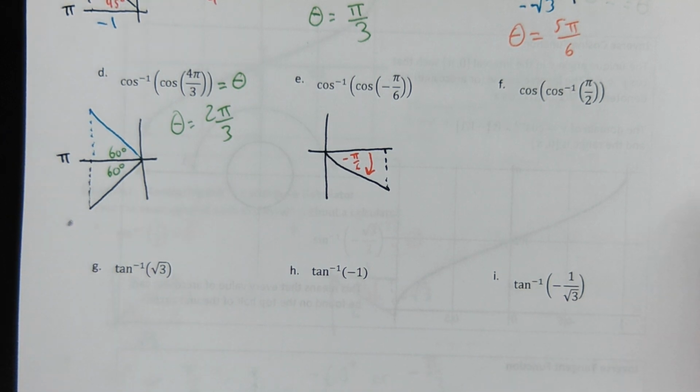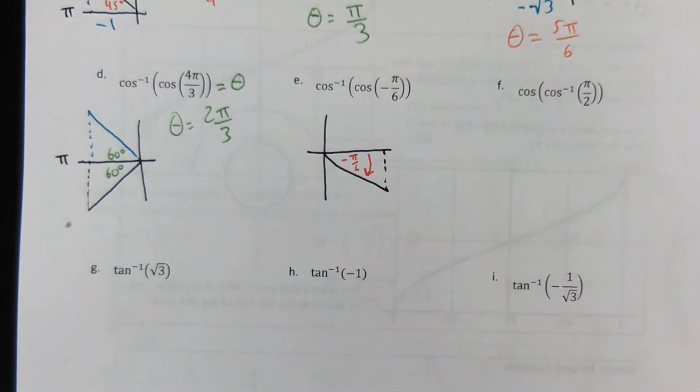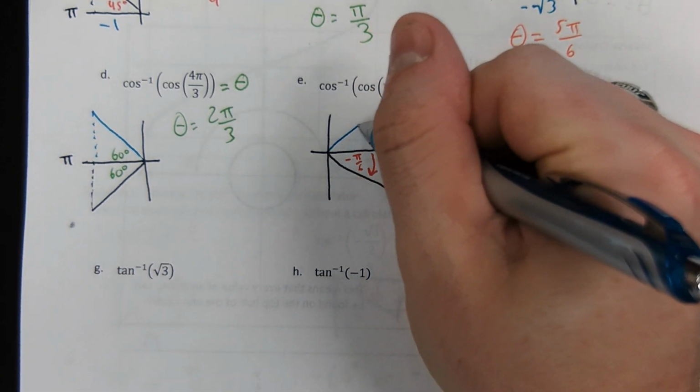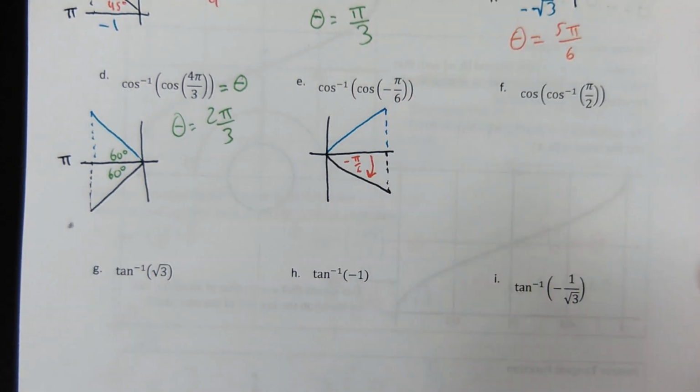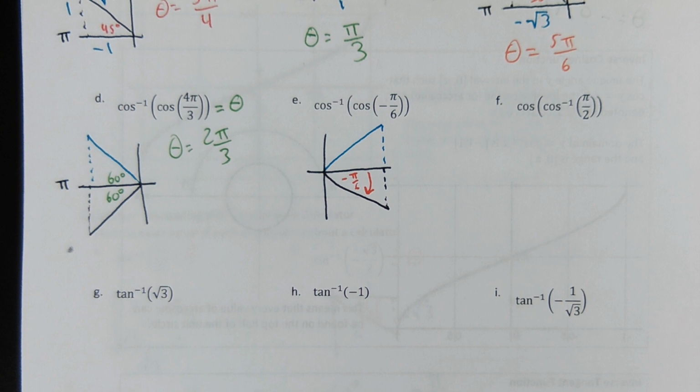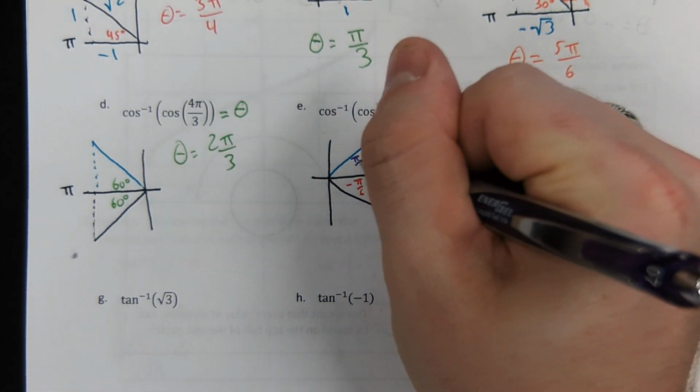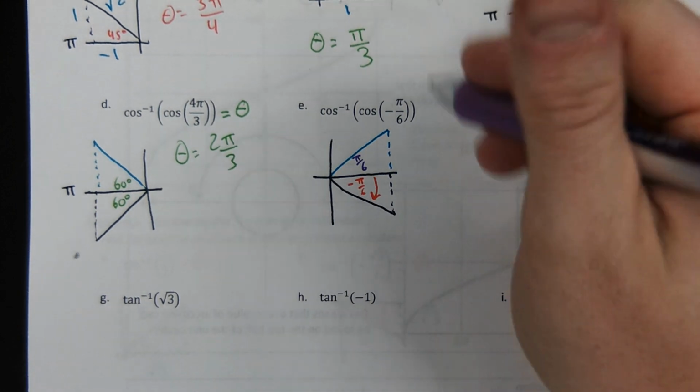Which quadrant will cosine inverse allow me to get my positive values from? Quadrant 1. So this is going to reflect up to quadrant 1, and the reference angle stays the same size. So the answer is pi over 6.